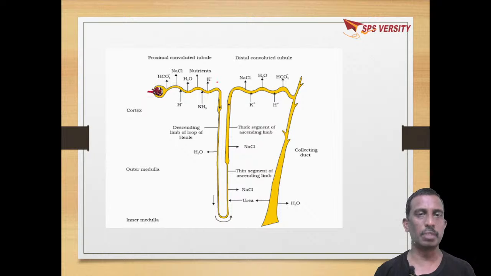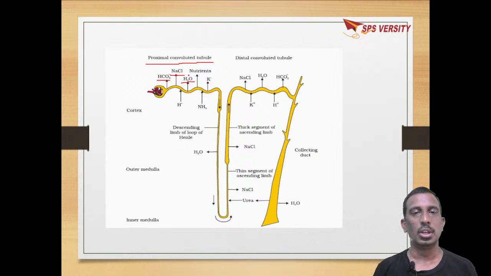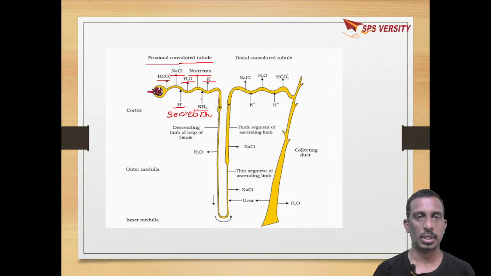Here in this picture we can see each and every part, if you observe very carefully. That is the proximal convoluted tubule, where there is reabsorption of bicarbonate ions, sodium chloride, water, and nutrients like glucose and potassium, and there is secretion of substances like protons and ammonia.